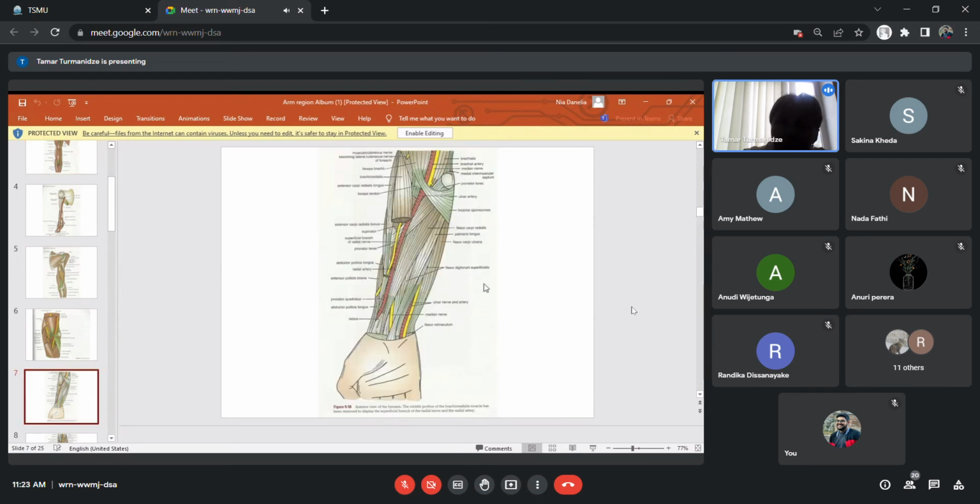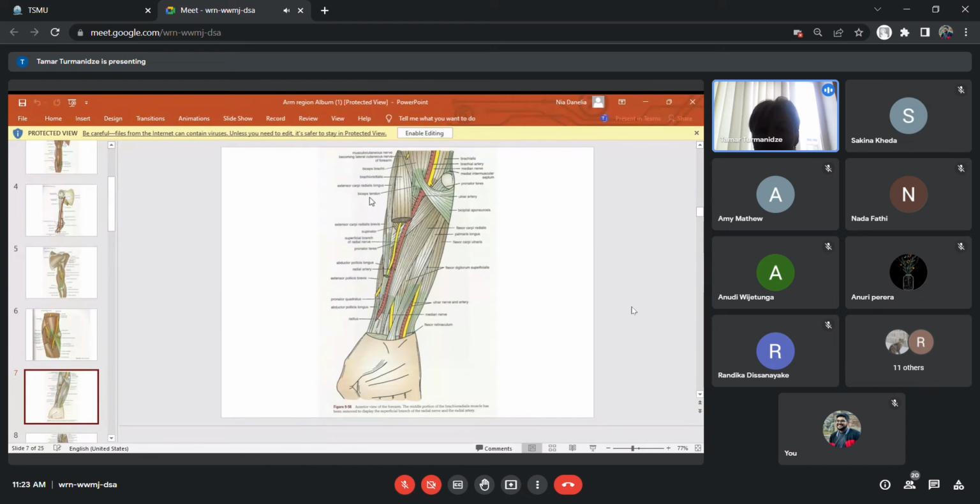The forearm region is bounded superiorly by the condylar line, which passes two transverse fingers below the epicondyles of the humerus. Inferiorly, it is bounded by the line which passes over the styloid processes of the radius and ulna.